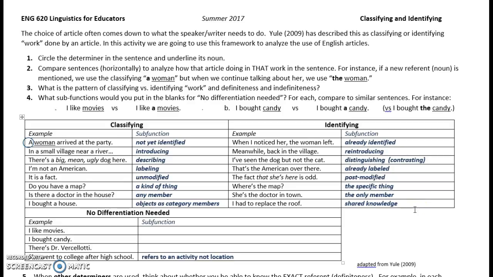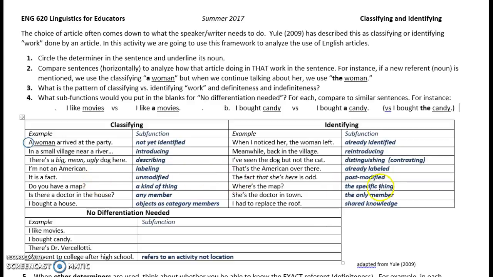There are other subfunctions here that I think are explained by the example. Some I want to go over a little more. Unmodified, it's just a fact. We wouldn't really think of a time to say it is the fact. That's a little bit odd.